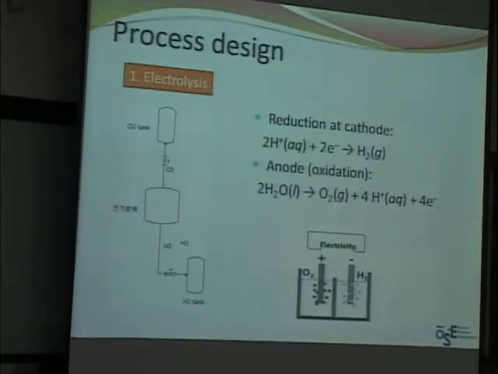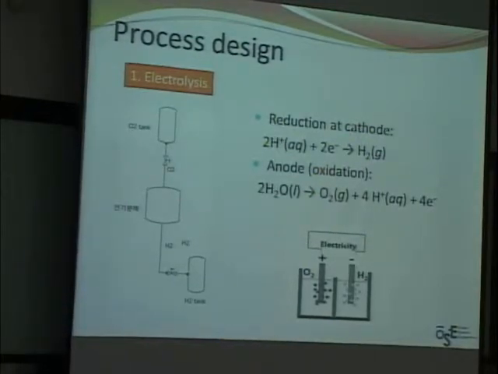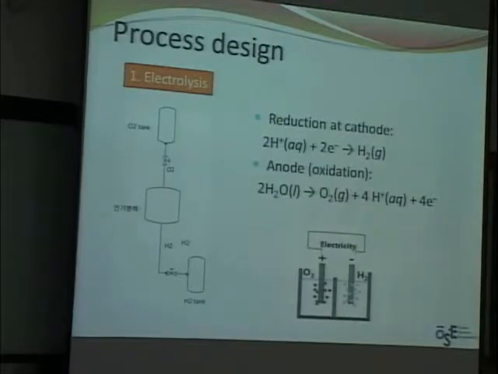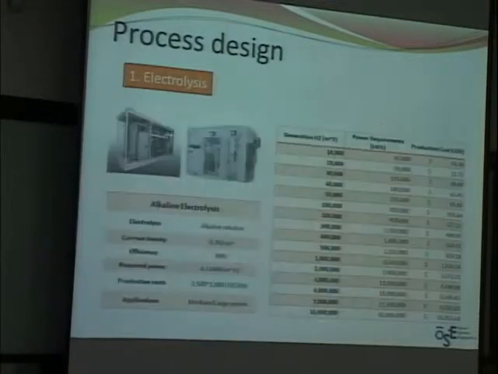And at the positively charged anode, an oxidation reaction occurs. This process will gather these two gases. The H2 gas will be used to synthesize methanol, and the O2 gas will be used in other parts, or it will be vented.